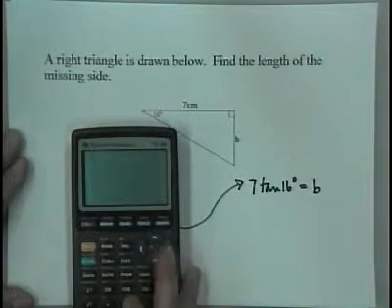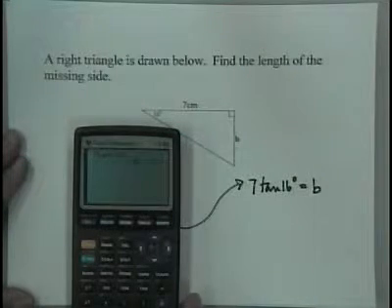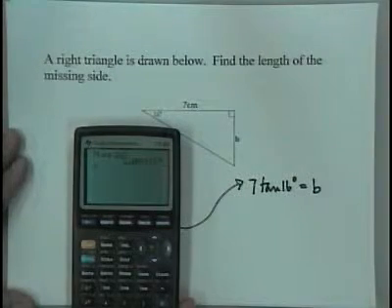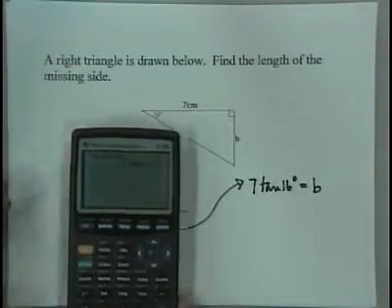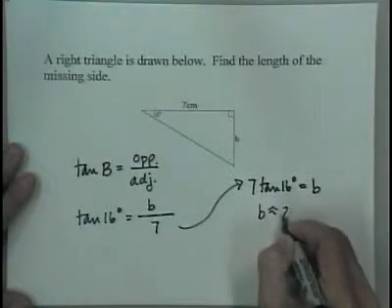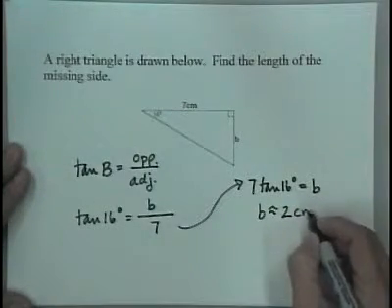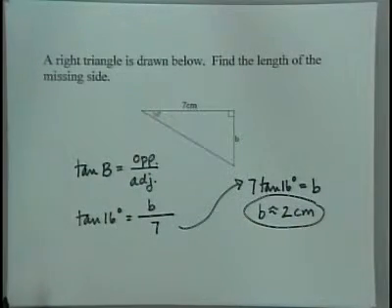On my calculator, I'll type 7 tangent 16 degrees in close parentheses, pushing enter, that's 2.0072 and so forth. We're going to write that B is approximately 2 centimeters because we are given units in our particular problem.